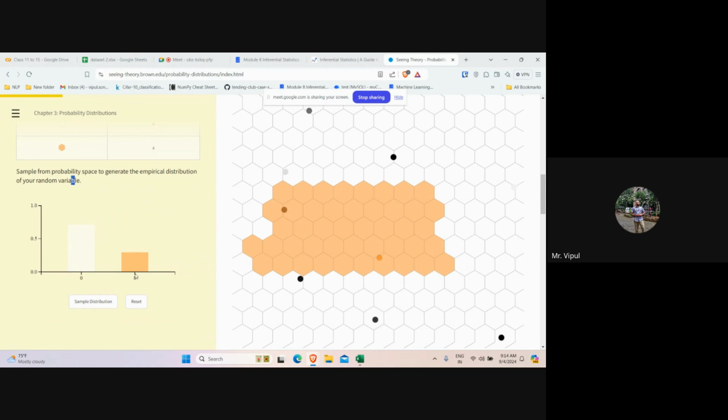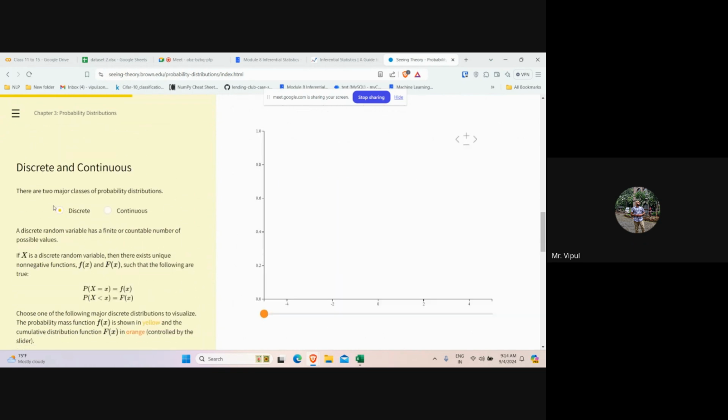So this has 0.71 probability, and this one is 0.31, this 0.71, 0.29, right?